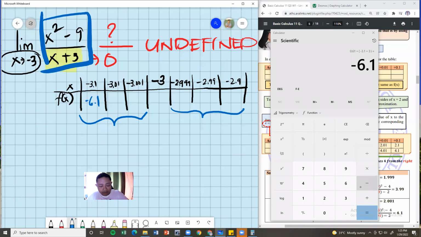Kindly solve it. If you have your answers already, kindly type them in the chat box. So sunod-sunod.